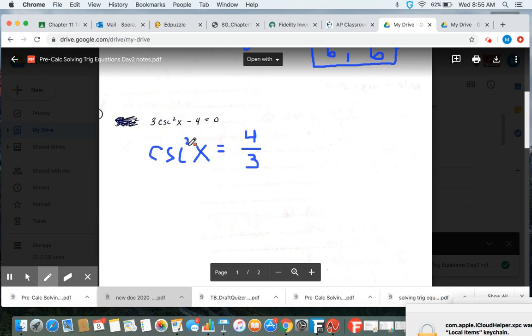Okay, and at this point we don't have x yet, we have x squared. So what we would have to do is take the square root of both sides. Taking the square root of 4/3, you would get 2 over root 3, right? And I'm not really worried about rationalizing yet, because right now I know I have cosecant.